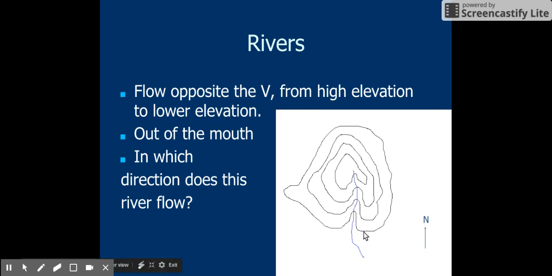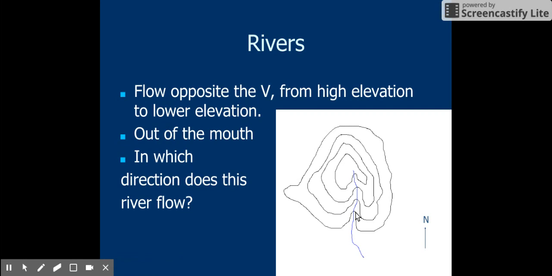The V shape shows you the direction of the river, because the river always flows from high elevation, or the top of the mountain, to low elevation, bottom of the mountain. Water can't flow up a mountain. It always flows downhill. So the river flows out of the V shape, or opposite the pointy part of the V shape on the map.